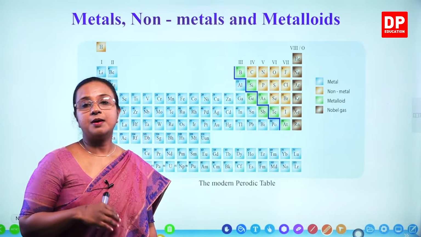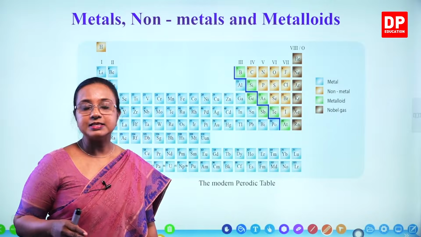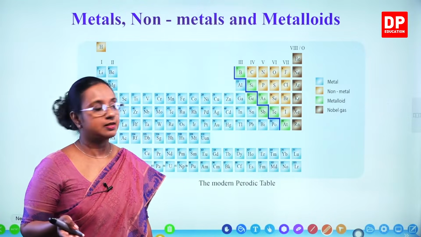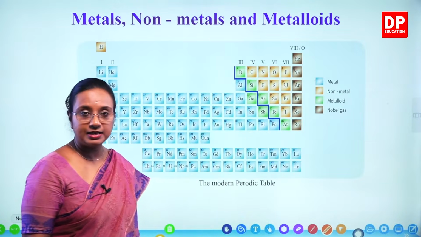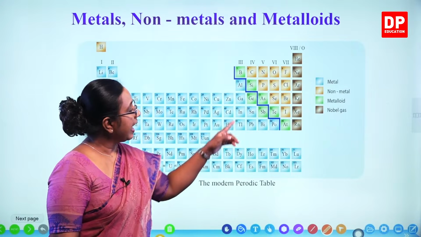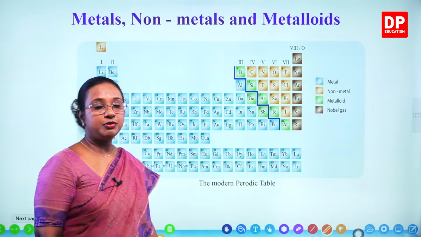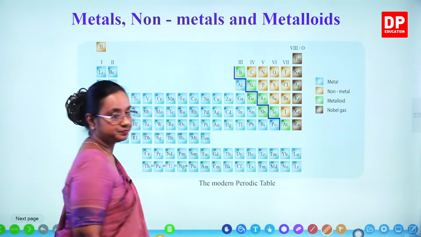They also come under non-metals. Although they are noble gases, they are non-metals. So we have the light brown and the dark brown colored elements. Those are the non-metals.